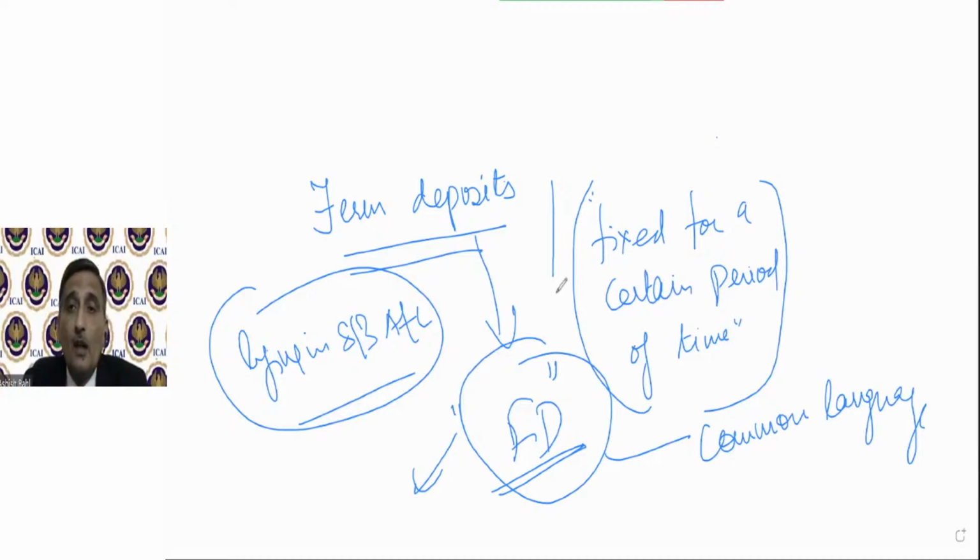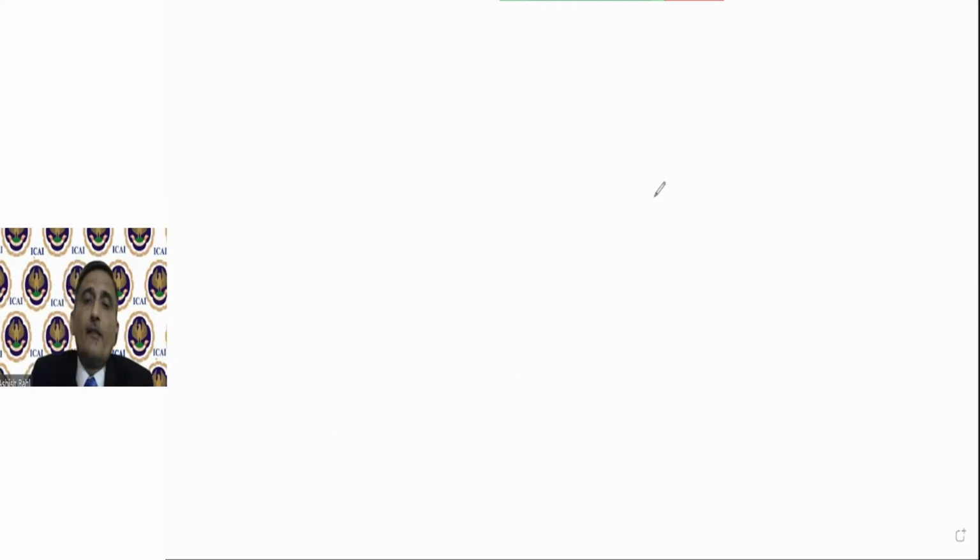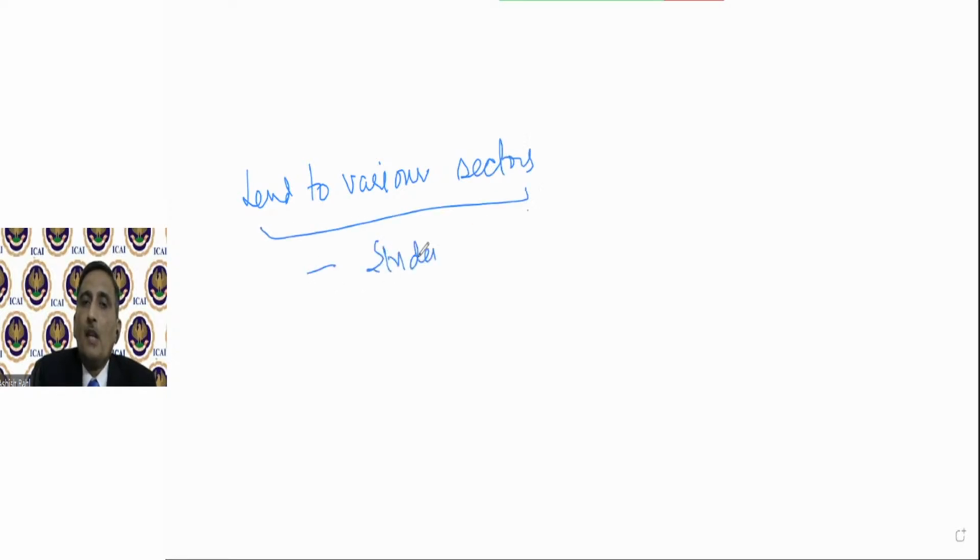And how do banks function then? With this money, they lend to various sectors. They would be lending to, say, students for education loans.